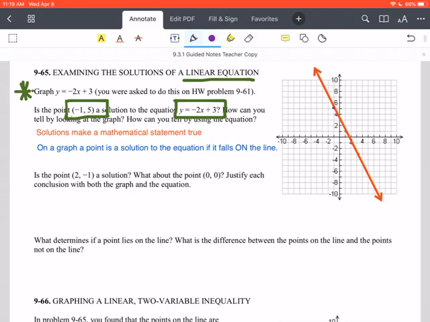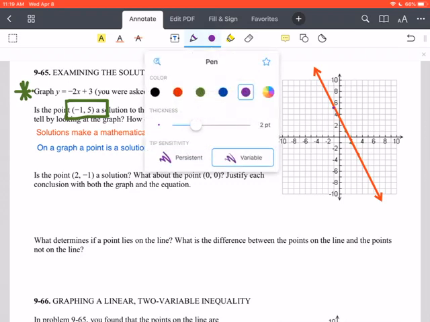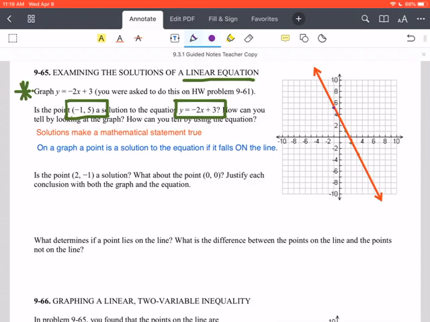Okay, in the equation we actually have to plug it in and see what happens. So we are going to ask ourselves, question mark, let's replace y with 5. Is 5 equal to negative 2, replace x with negative 1, plus 3? Okay, now we're going to show the math.